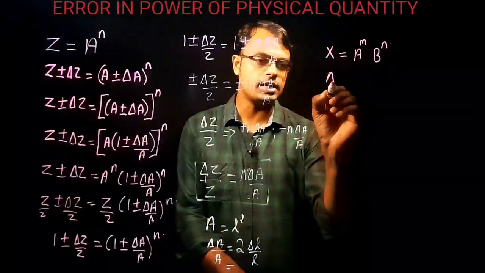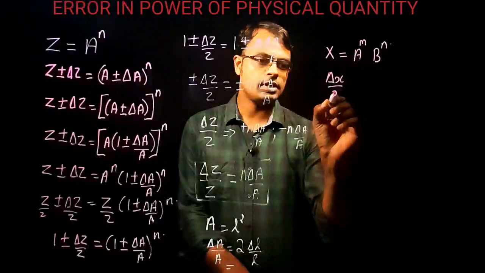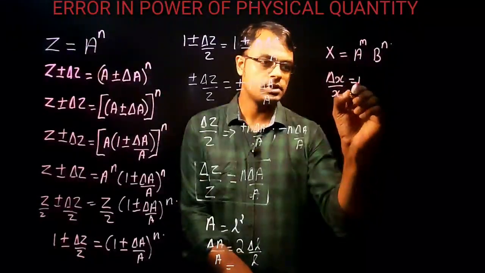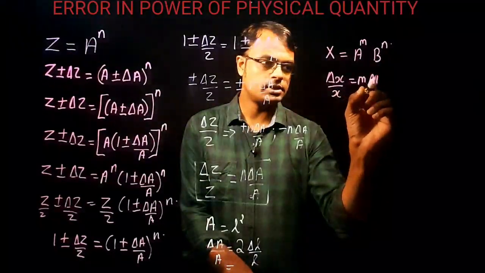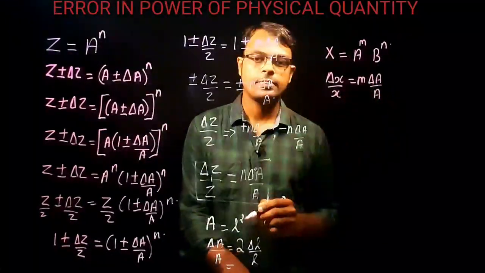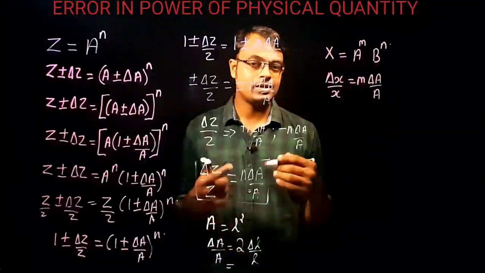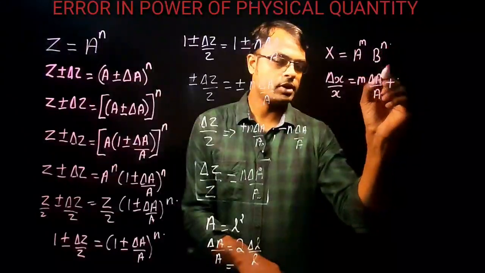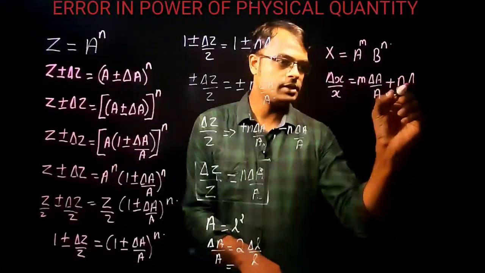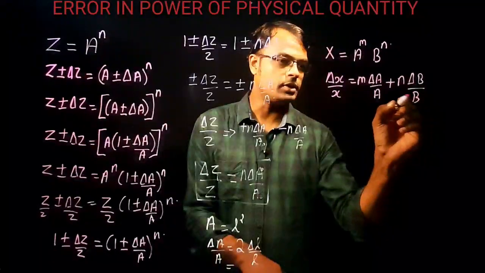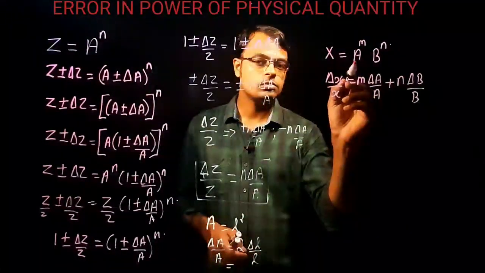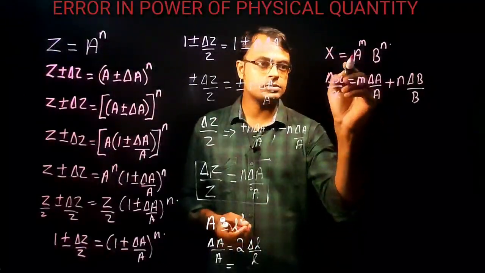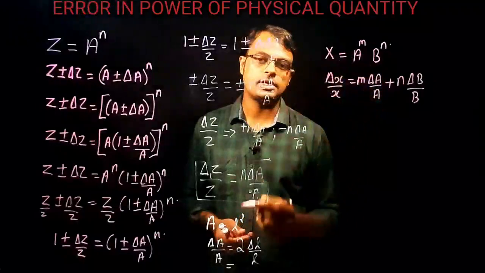I can write this equation as delta x by x is equal to, here power is coming, so we can write power times m times delta a by a. Next one is multiplication, no? But the error must be what? Added. So plus, then again power coming, so n times delta b divided by b. Here a and b are measured values using any instrument. So error will be what? Power times the first one plus power times the second one.